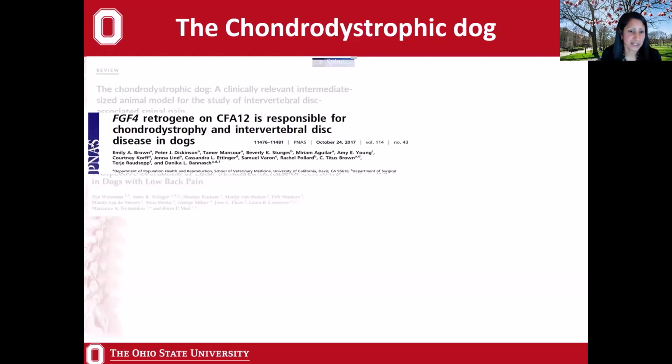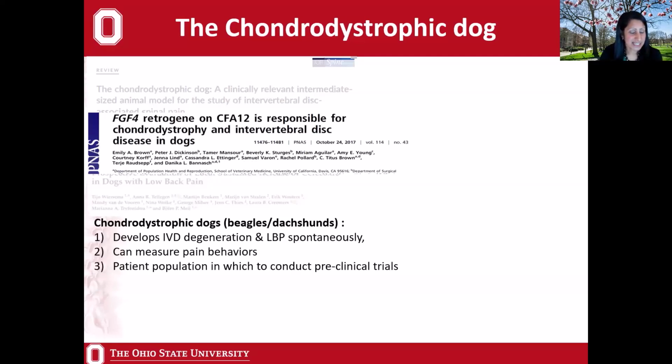And what's really interesting is that a few years ago, they highlighted this mutation, an FGF4 retrogene, as being responsible for chondrodystrophy and intervertebral disc disease in these dogs. As I said, these dogs develop back pain and disc degeneration spontaneously, and you can actually assess pain behaviors.